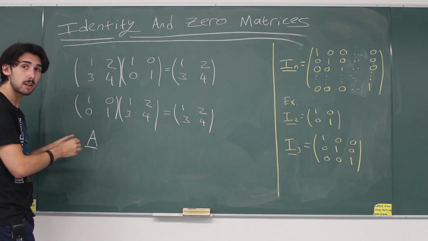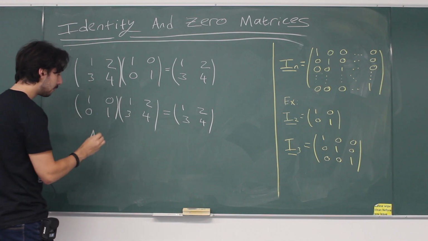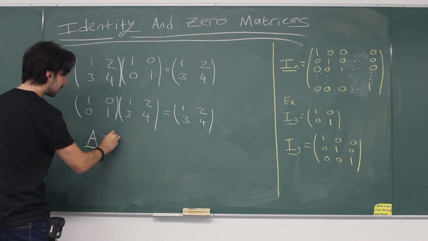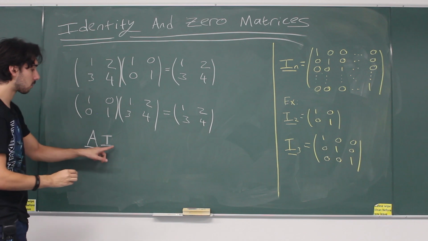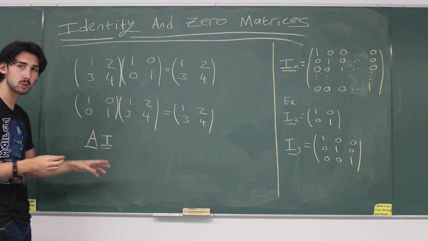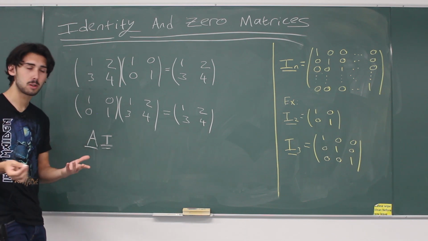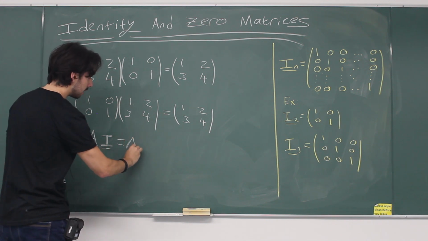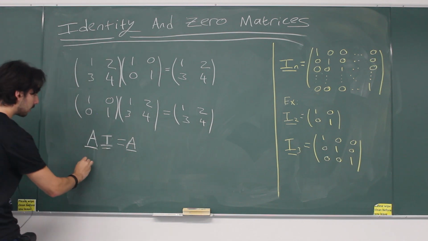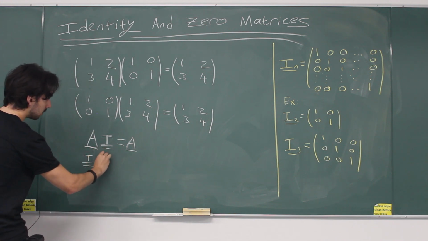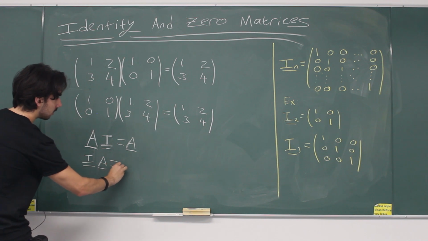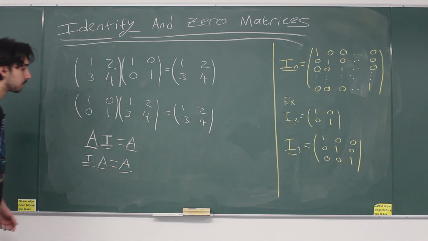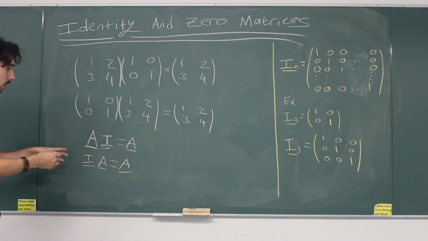For any 2 by 2 matrix A, A times the identity matrix, and again, I'm not going to write I_2 because you don't have to write the 2 down there if it's clear what the dimension is, is just A again. And the identity matrix times A is just A again. So this is mathematically what we're looking at.